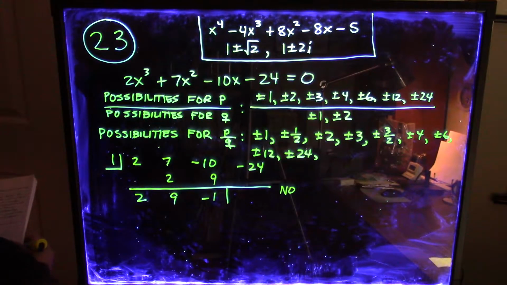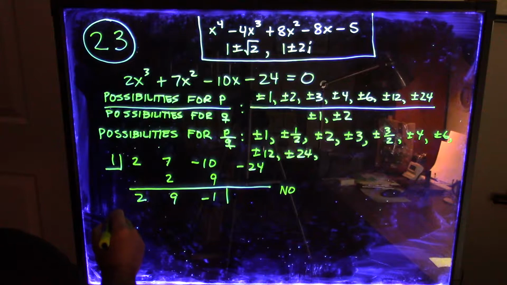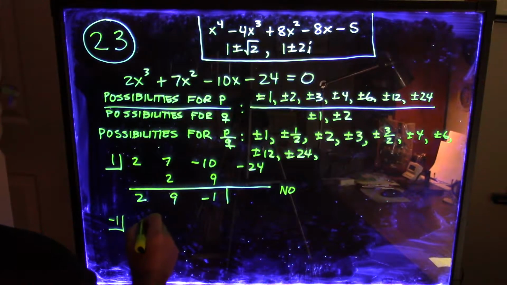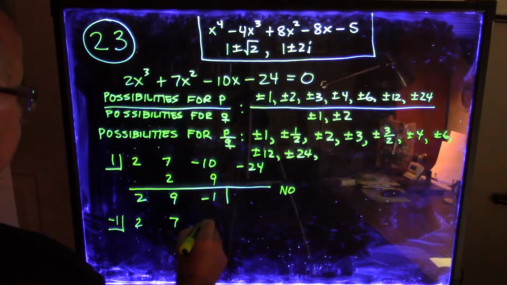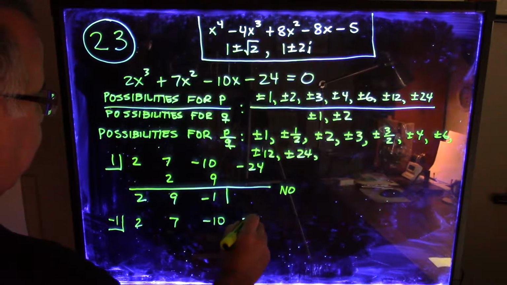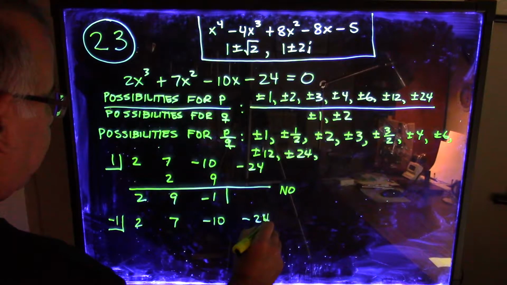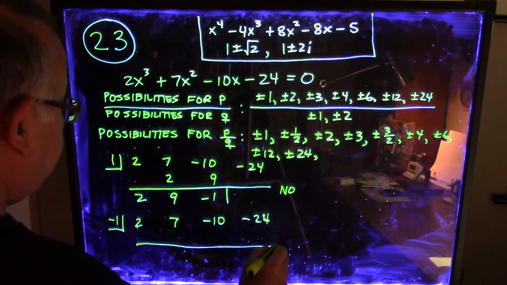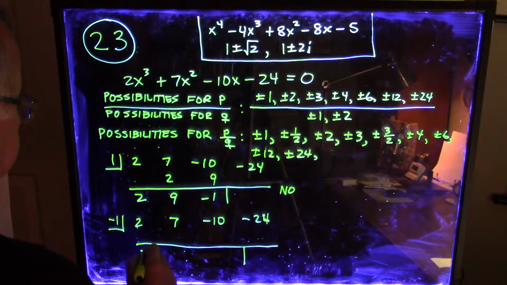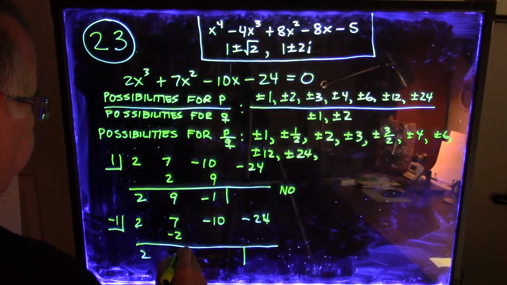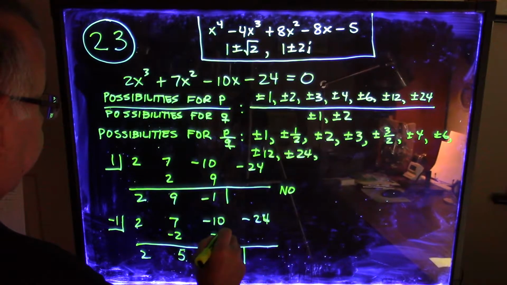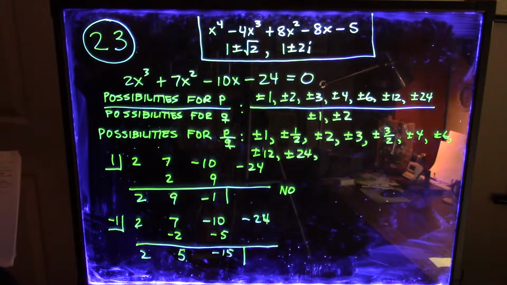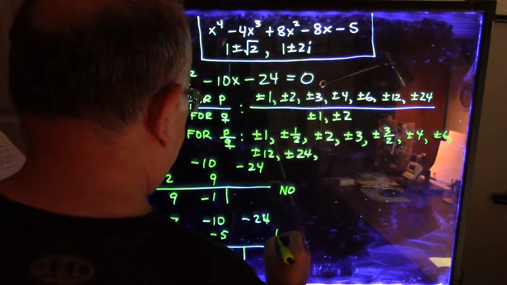How about negative 1? And we've got 2, 7, negative 10, negative 24. And that's not going to give us a zero remainder, so that doesn't work.